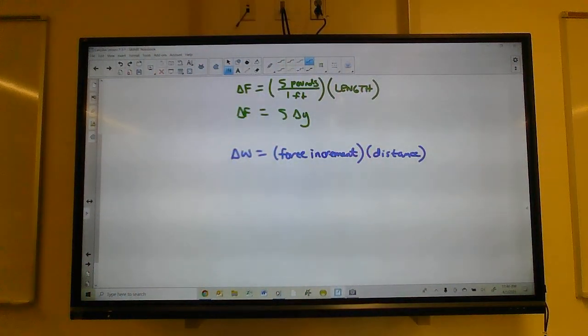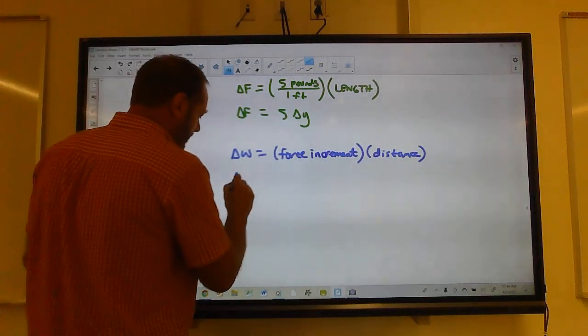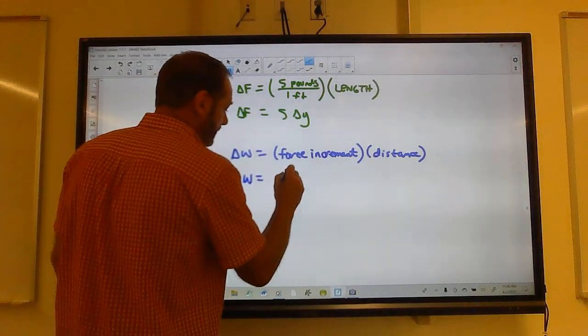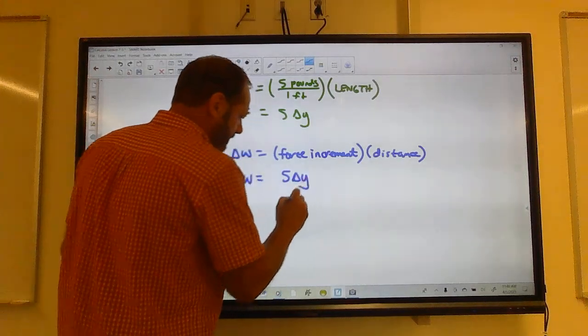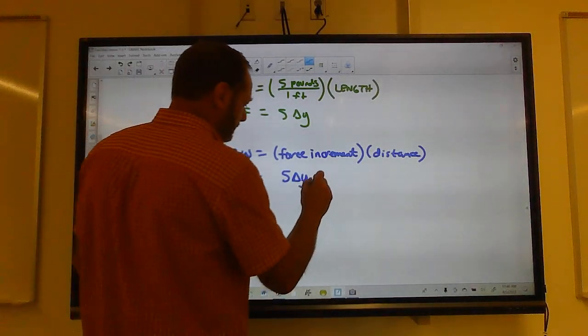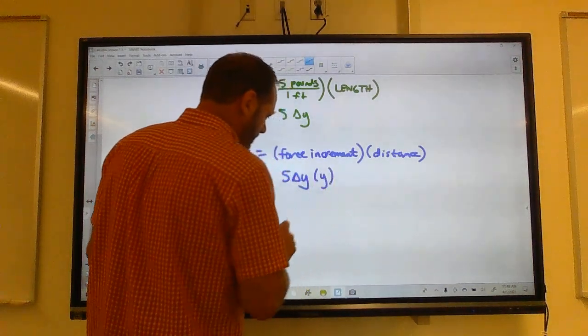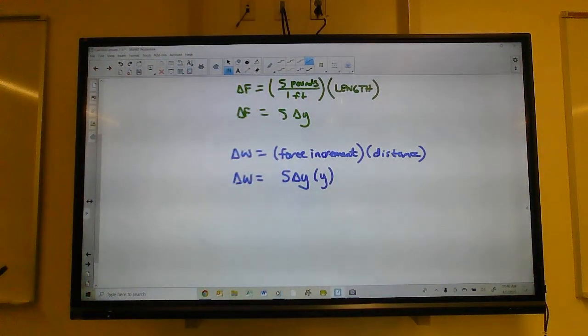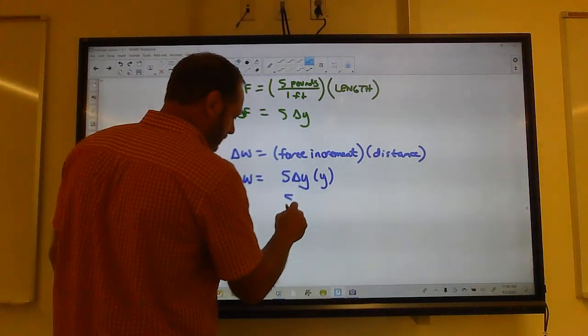So in this case, delta W is going to be 5 delta Y times Y, which is going to be the length of the chain. Okay, so that's just 5Y delta Y.